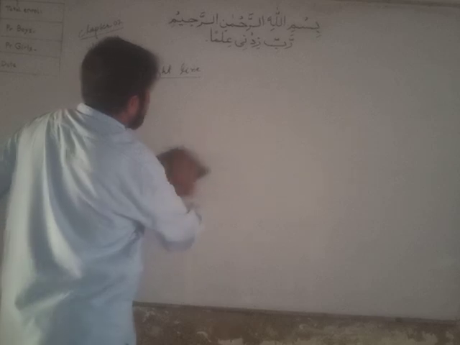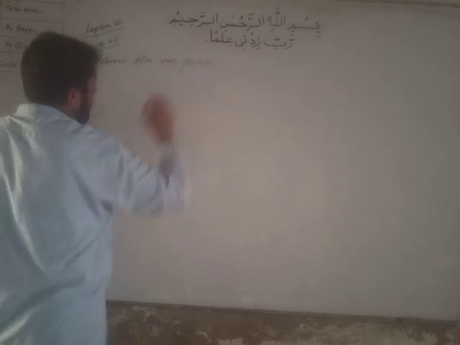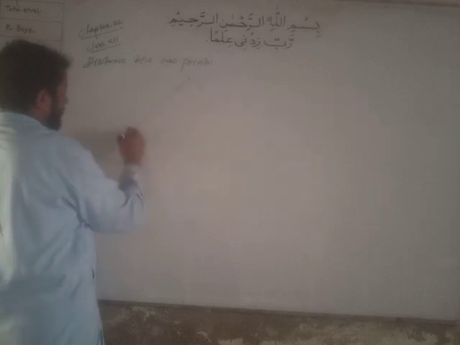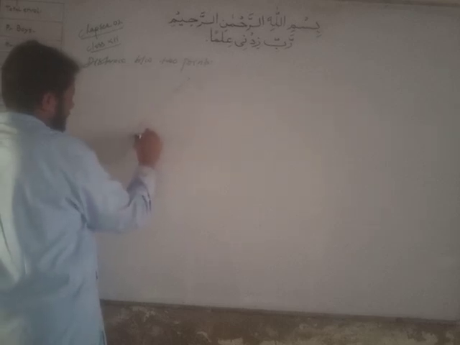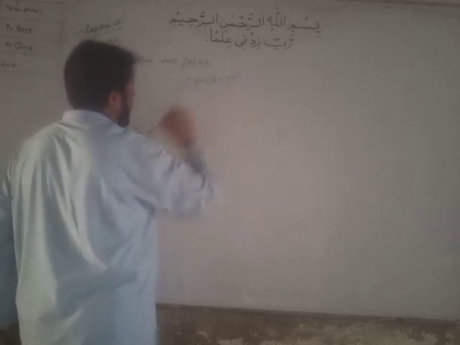Now we can discuss the first topic, the distance formula between 2 points. If we are given 2 points, this is P1, x1 and y1, and this is P2, x2 and y2.